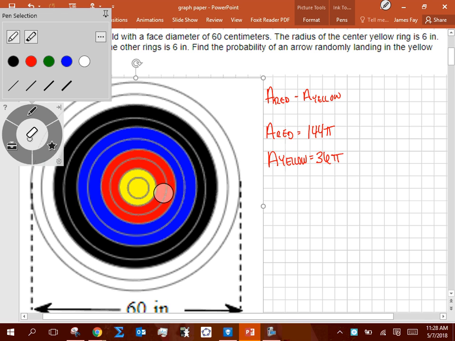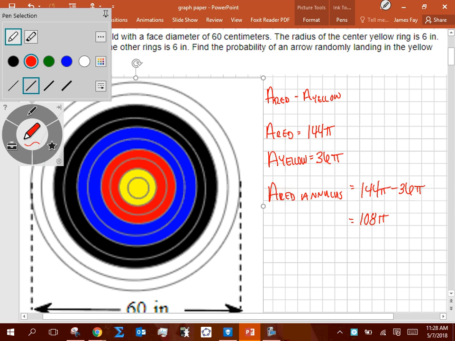So the red annulus is equal to 144 pi minus 36 pi, right? What's that? Is that 108 pi? I would then divide that by 900 pi, correct? 900 pi was the whole target.